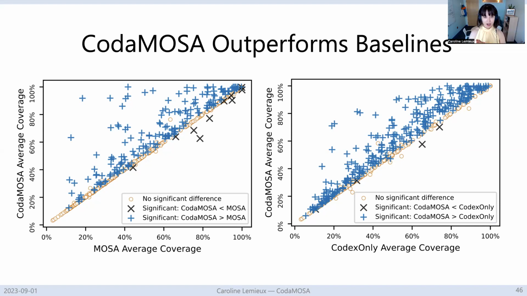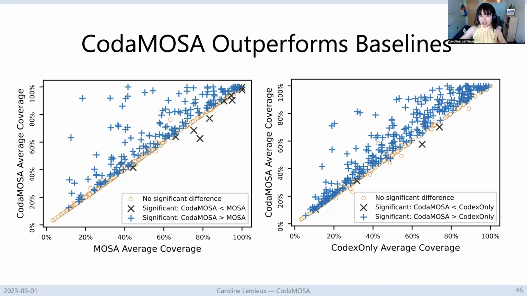And what we see here is the x's are cases where the baseline had significantly higher coverage than CodaMOSA using the Mann-Whitney U-test. The circles are cases where there was no statistically significant difference, and the crosses are ones where we had significantly higher coverage than the baselines. And you can see that there are a lot more crosses than x's on our evaluation set.